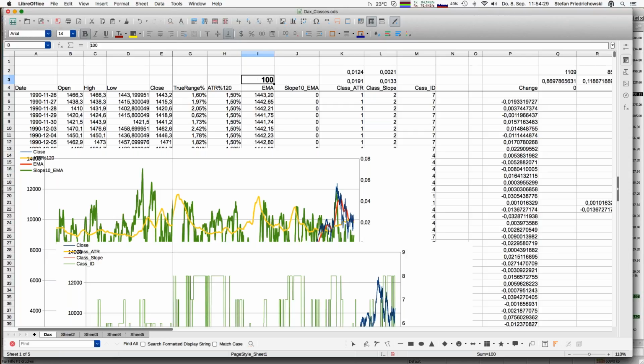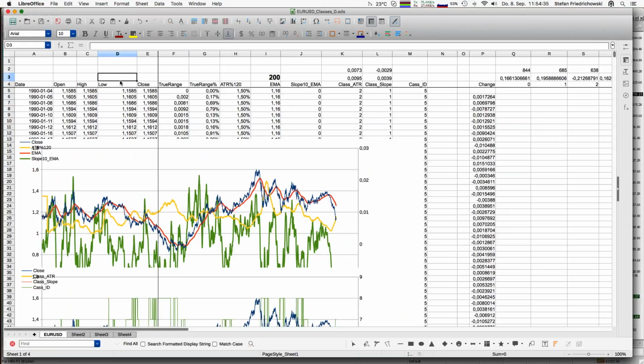I promised to have a look on Euro, US dollar as well, and what I have done is simply the same. More or less, I have only copied the price data for the dollar against euro into this Excel sheet.